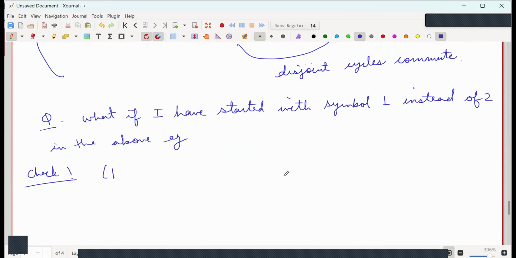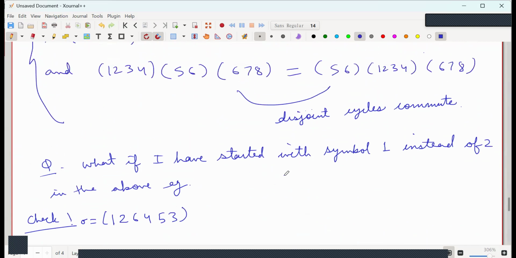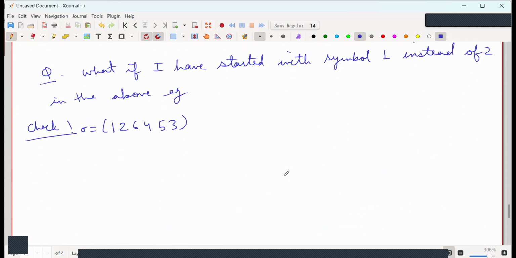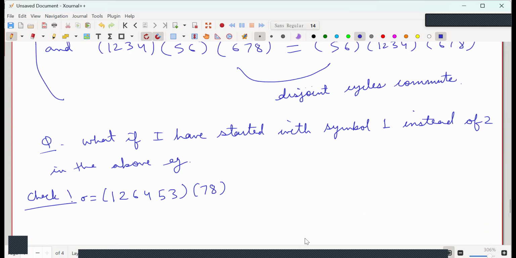So we just cyclically permute this: 1 going to 2, 2 going to 6, 4, 5, 3, right? And 7, 8 will come as it is. So the order in which you started doesn't matter. You are getting the same output because we have seen that you can cyclically permute and still the permutation remains the same. Okay.